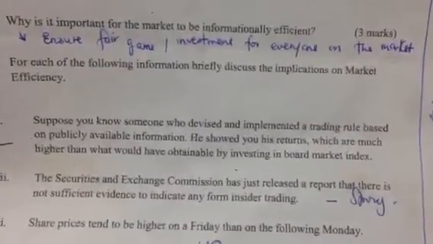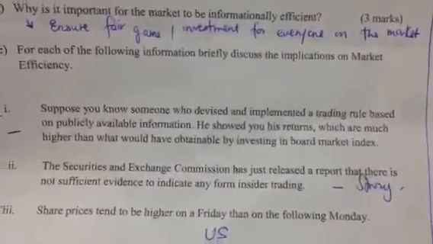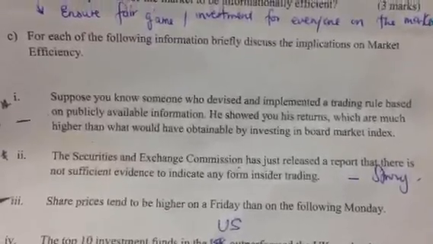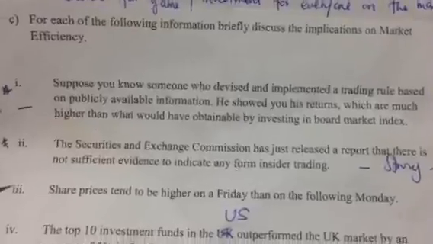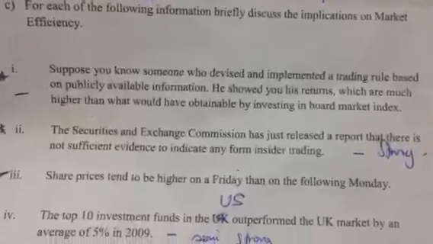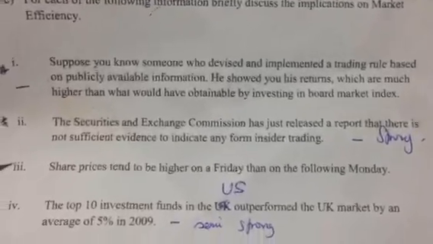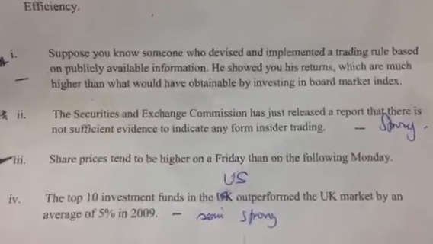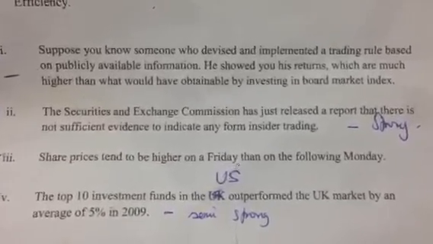His returns are much higher than what would have been made investing in the broad market index, so we are going against the rule of strong form efficiency, which says no one, even insiders, can make abnormal profits.